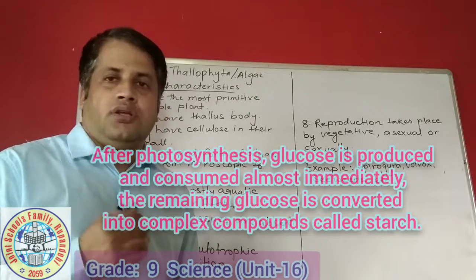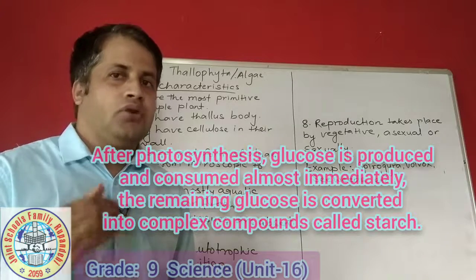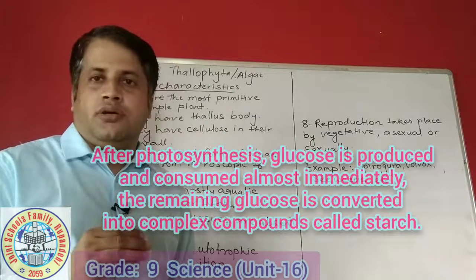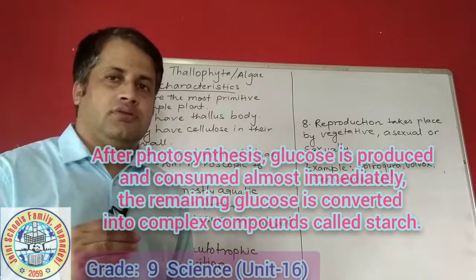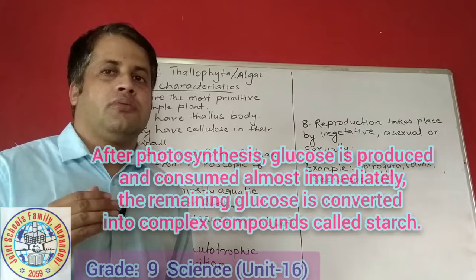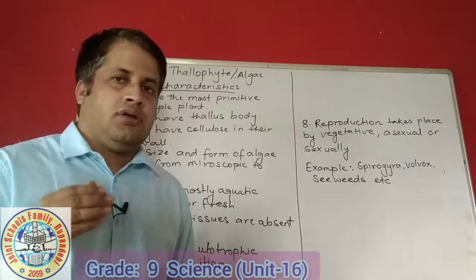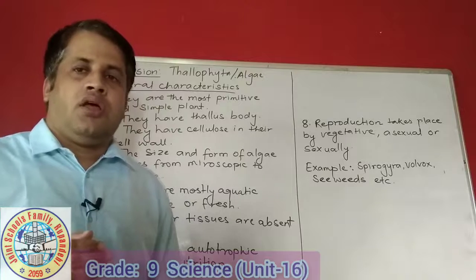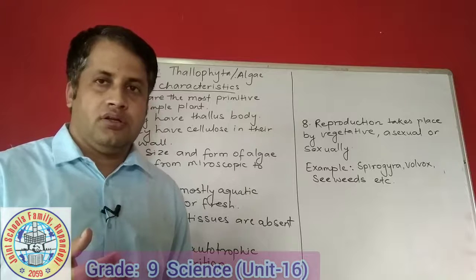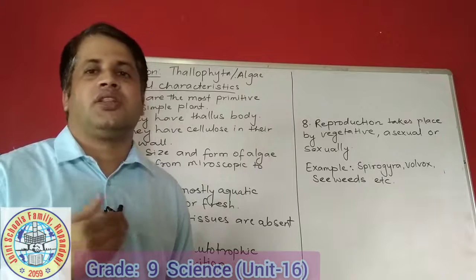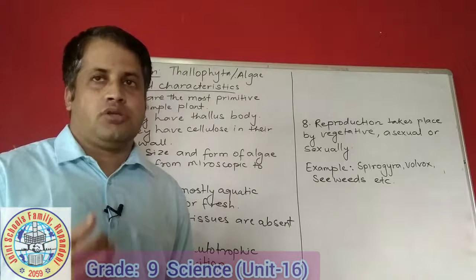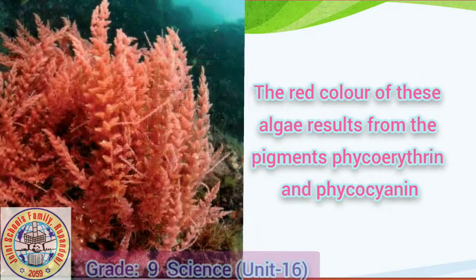These are plants, and we know that plants have a photosynthetic pigment called chlorophyll, which is green in color and found in chloroplasts. In the case of algae, chloroplasts produce chlorophyll, and other photosynthetic pigments are also found in them.